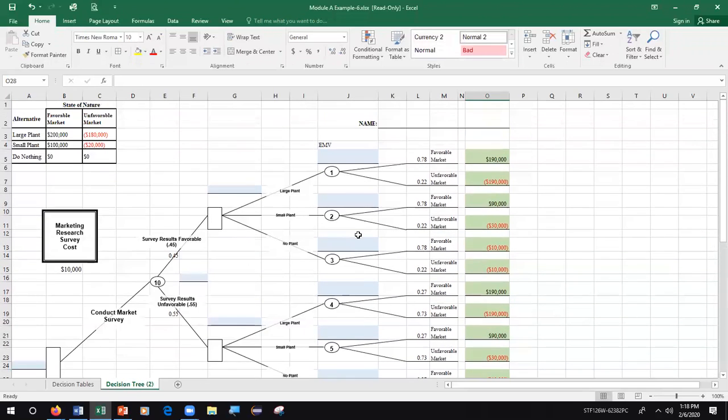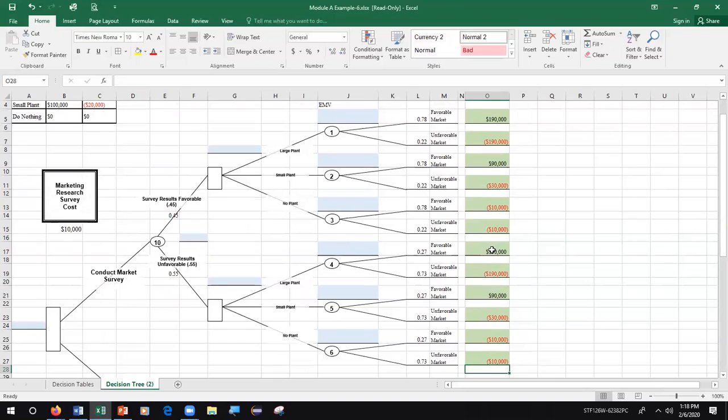And so just checking real quick, they should be exactly the same. There's a different probability.